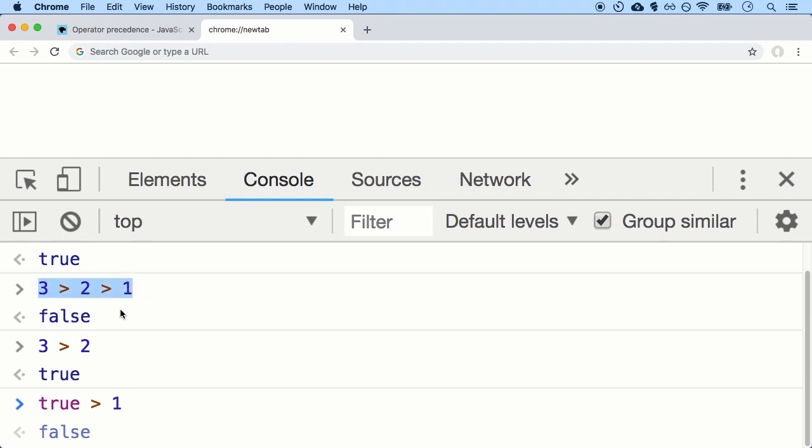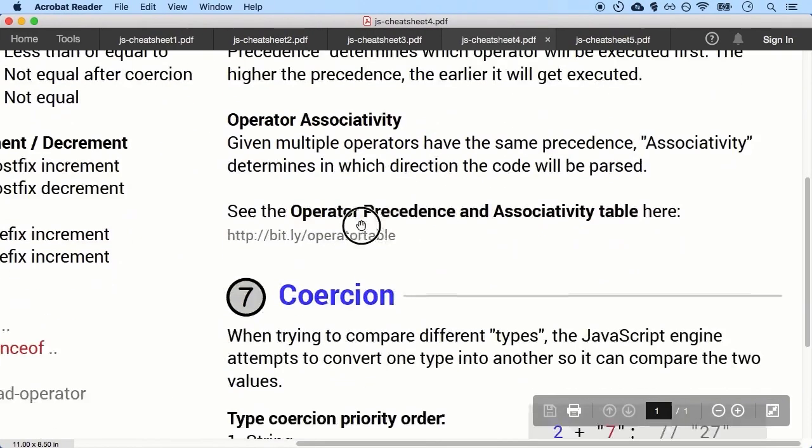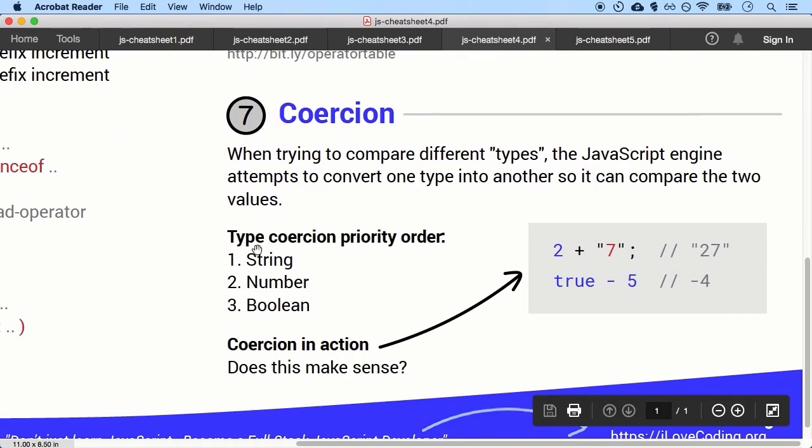It's going to break it down into 2 parts because it's actually taking 2 operators. True is greater than 1 is something JavaScript needs to process, and it needs to convert true into a number value. You remember from our table that when coercion is happening, the priority order is string, number, and then Boolean.